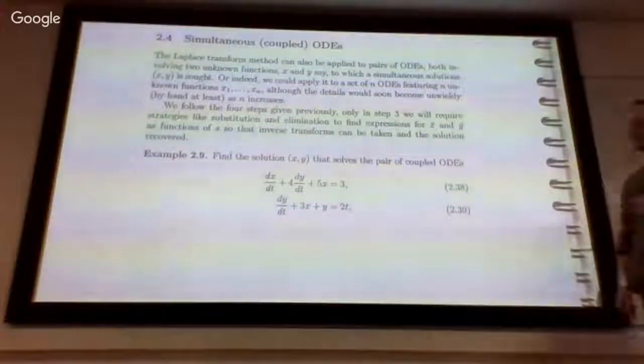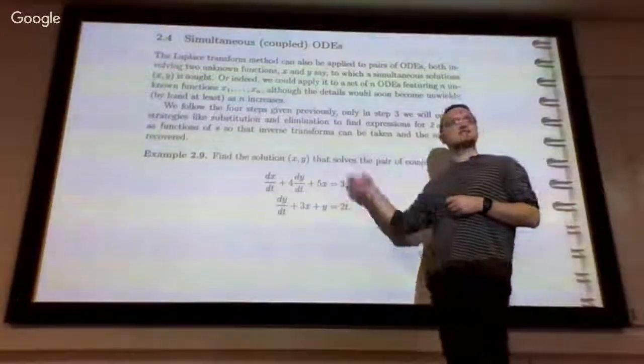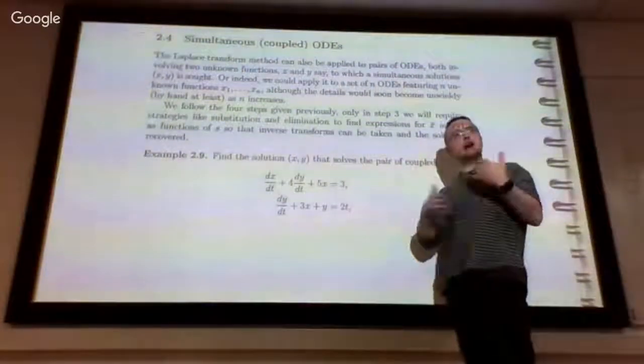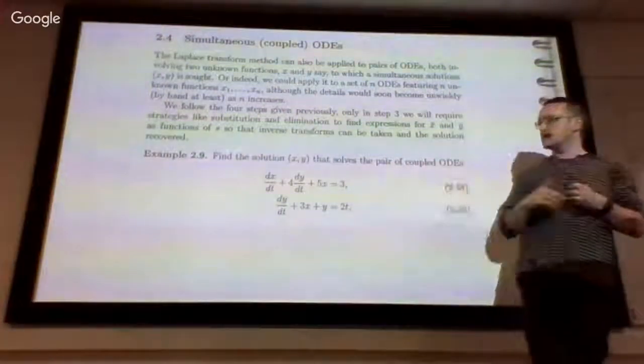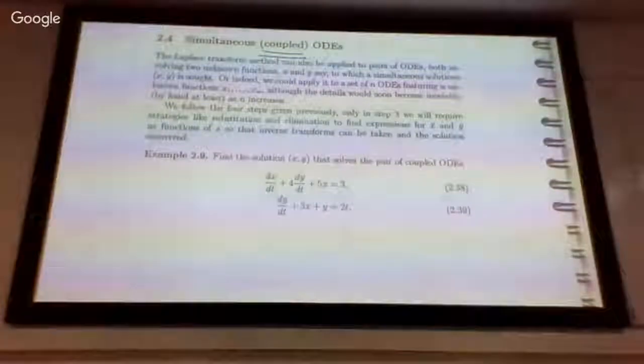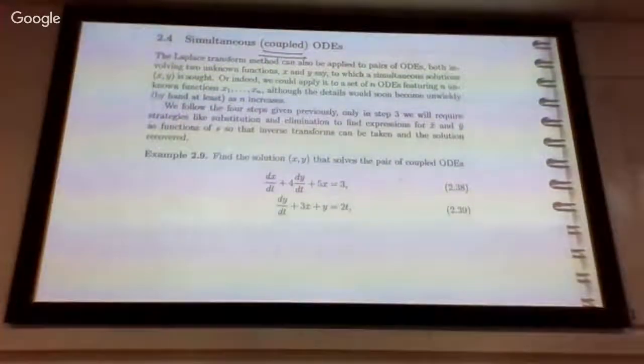Now, you'll notice that there isn't just one equation for x and one equation for y. Both equations feature x and y mixed up together, x and y and their various derivatives. So this is the property of coupled ODEs. Coupled ODEs refer to the fact where you've got a set of differential equations where the unknown functions are all tangled up in all the equations.